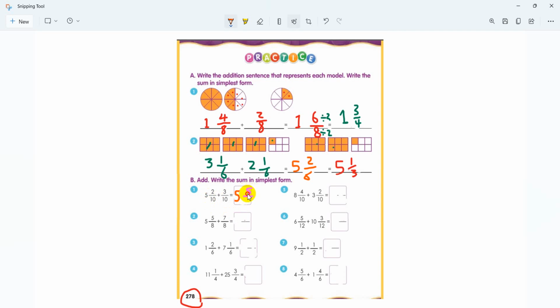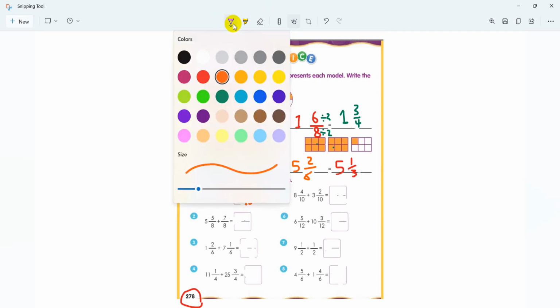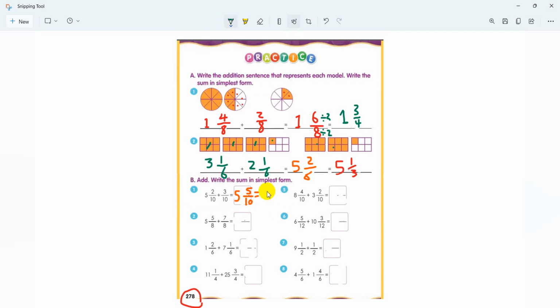Okay, but now we need to simplify to get the simplest form. If you divide up and down by 5 in the fraction, we have 5 as a whole number and 1 out of 2. 5 and 1 out of 2 here in this fraction.